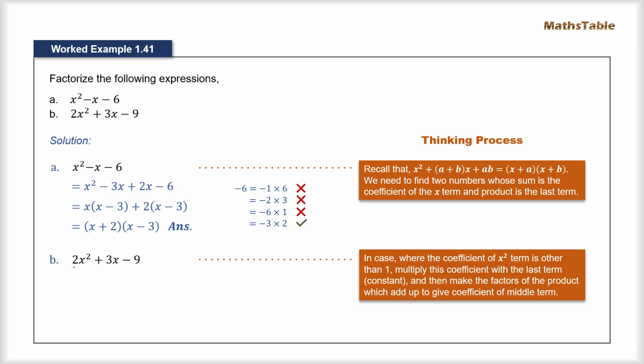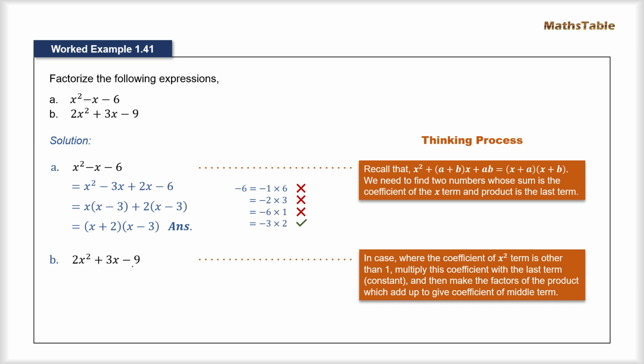Here we have 2x squared in contrast to simple x squared in part A. In part A, we just broke the last term into two factors. But here, when the coefficient of the x squared term is other than 1, we cannot simply break this last term, minus 9, into two parts.